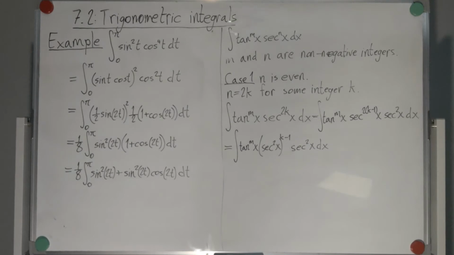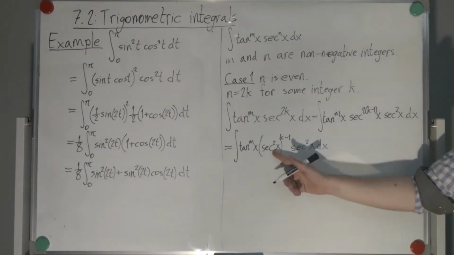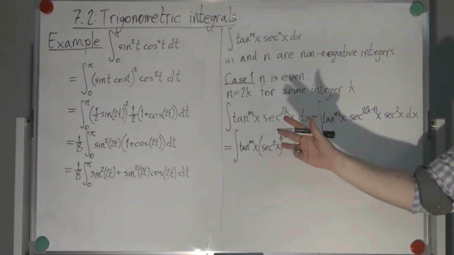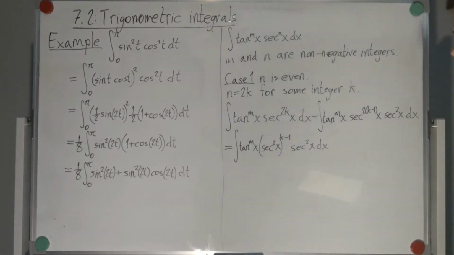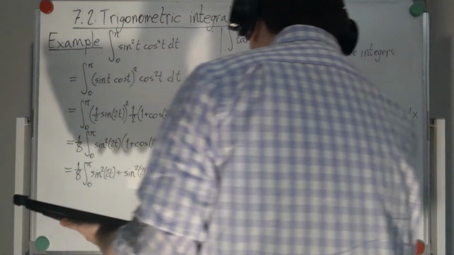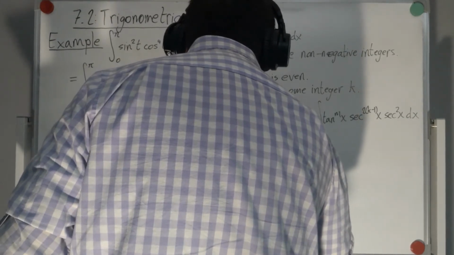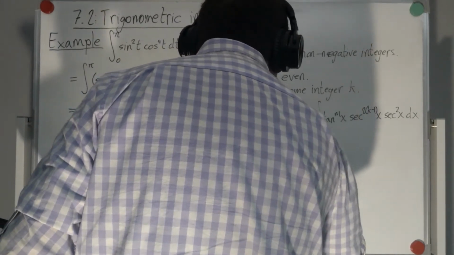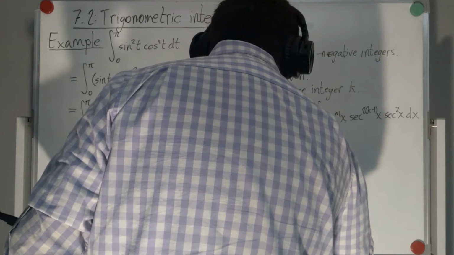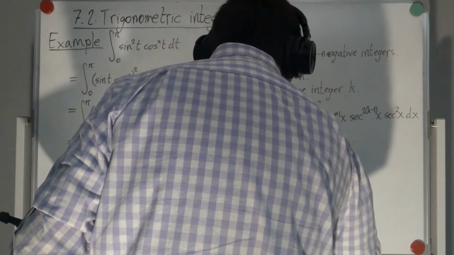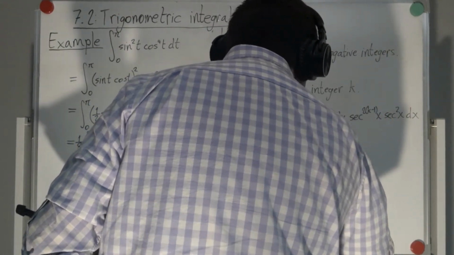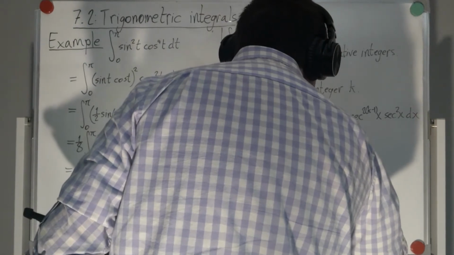Next up, secant squared can be understood as tangent squared plus 1. That means this can be rewritten as the integral of tangent to the m of x times tangent squared plus 1 raised to the k minus 1 times secant squared x dx.